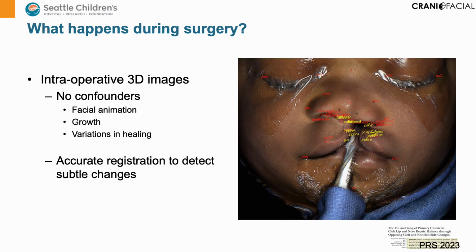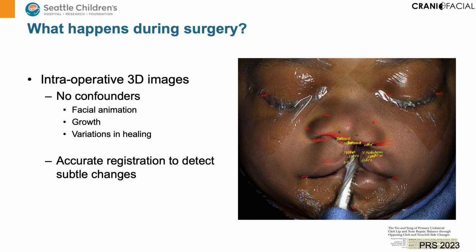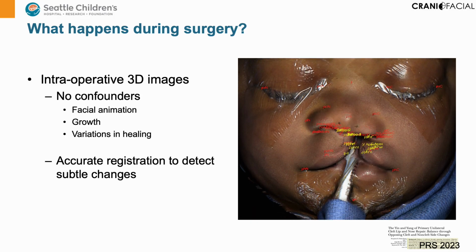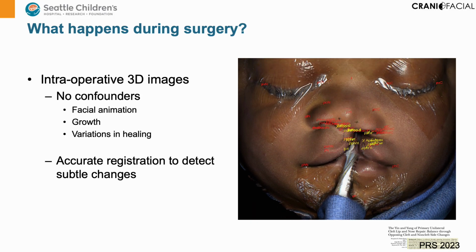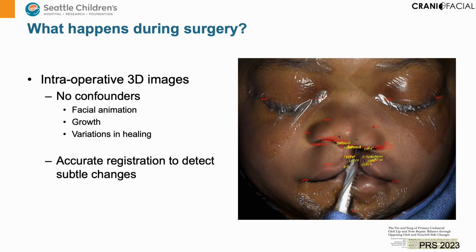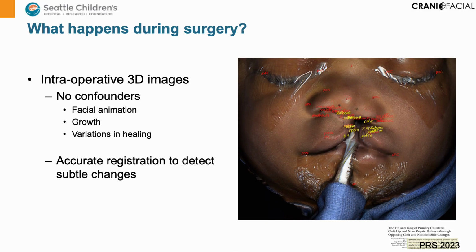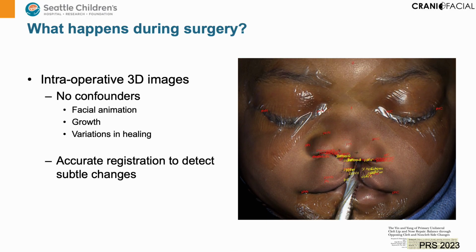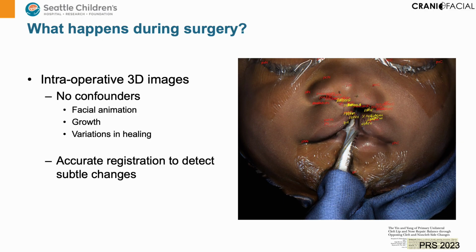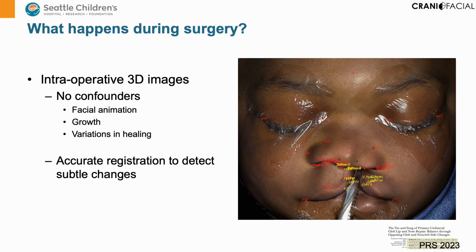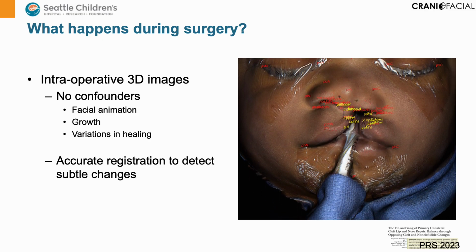Noticing that, we wanted to know what really happens during surgery. We looked at intraoperative 3D photos so that there were no confounders from facial animation, growth, or variations in healing. This allowed us to accurately register images so that we could detect subtle changes.